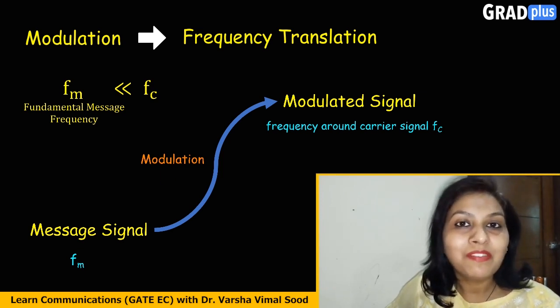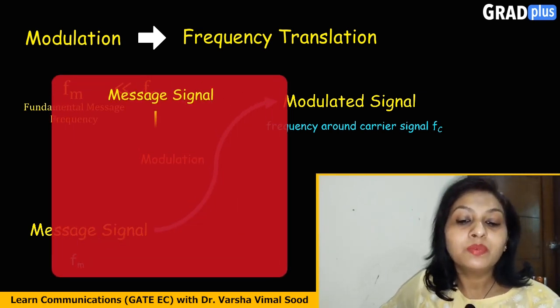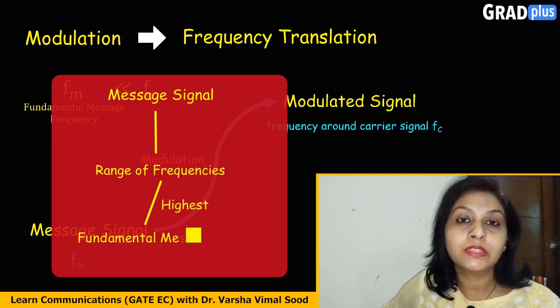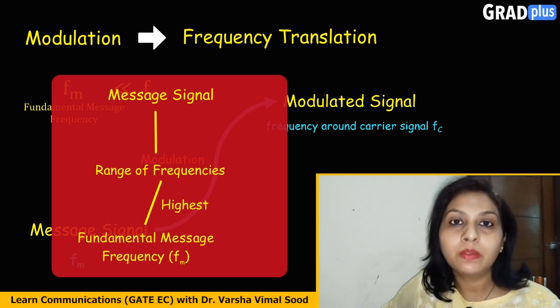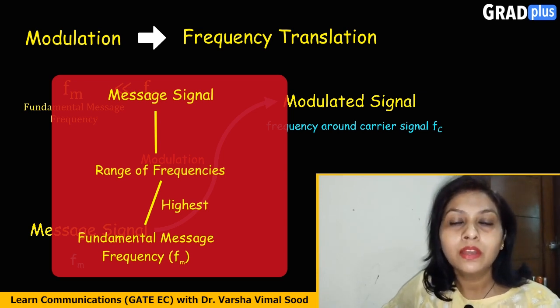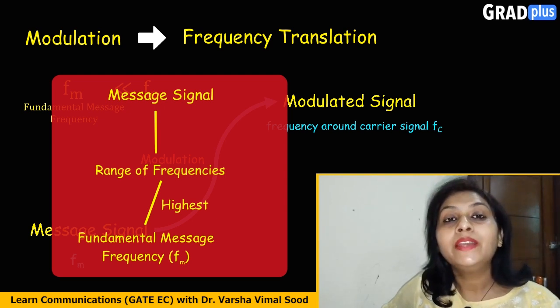Now, what is fundamental frequency? Because usually the message signal is not comprising of a single tone or a single frequency. It is a bunch of several frequencies. Suppose my speech, what I am saying, if my speech is being analyzed on a spectrum analyzer, or if the frequency components are being looked at, it will be containing a range of frequencies.